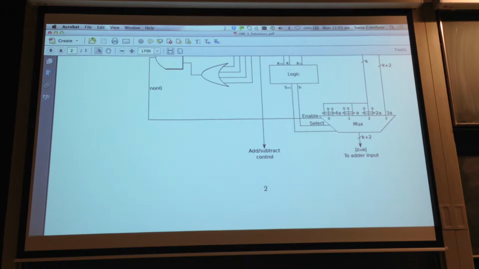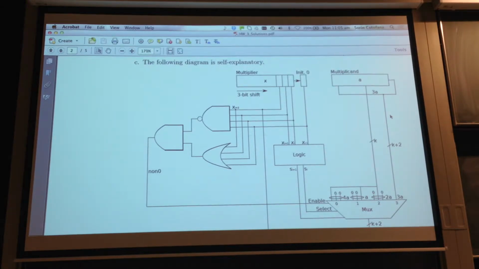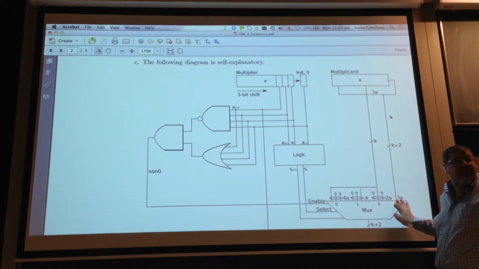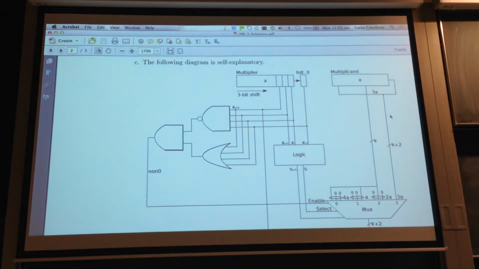A is padded in the most significant part with 2 zeros. 2A is 1, 0, 1, 0, and 3A I'm pre-computing. If I don't want to pre-compute, I will make this structure a bit more complicated. Then I will need some kind of reduction tree, maybe some carry save adders to generate 3A. But I decided to pre-compute.